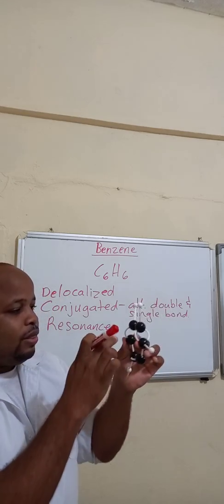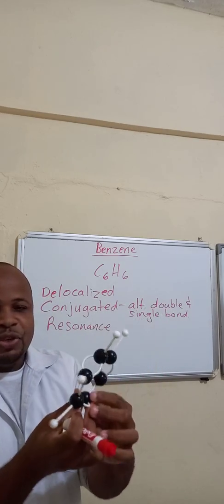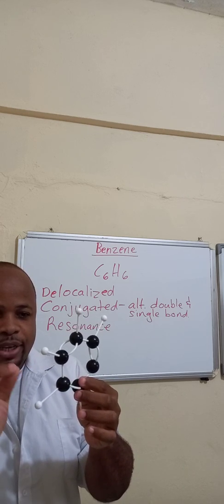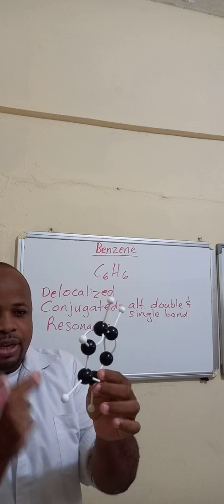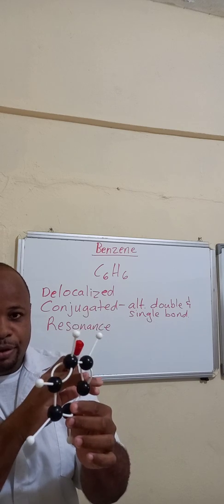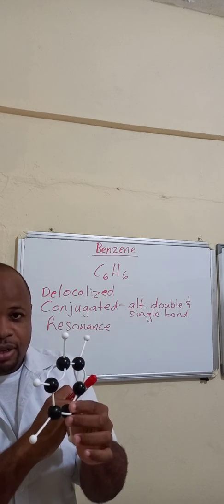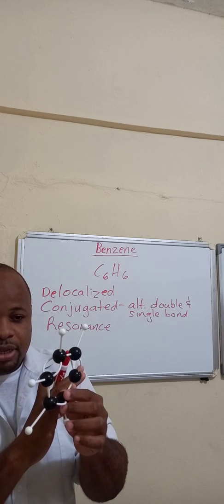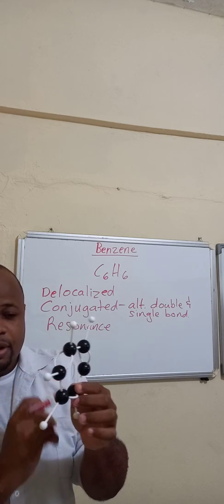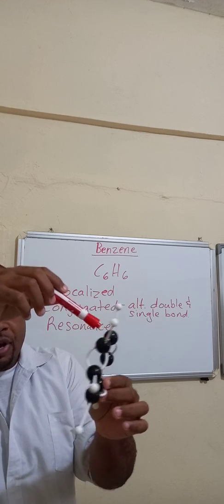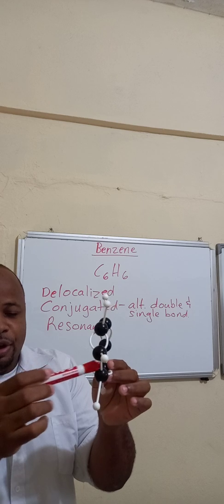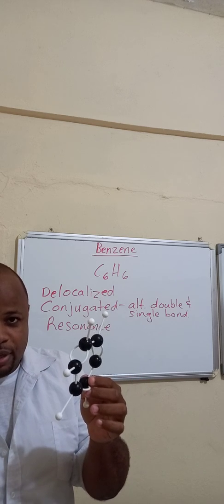When you look at this structure, it shows the double bonds in specific locations: here, here, and here. However, this is just a representation. The double bond could actually be at any of the single bonds. The double bond could have been there as well.